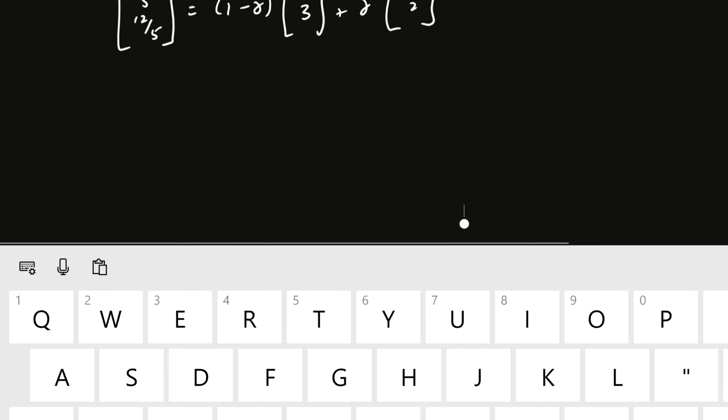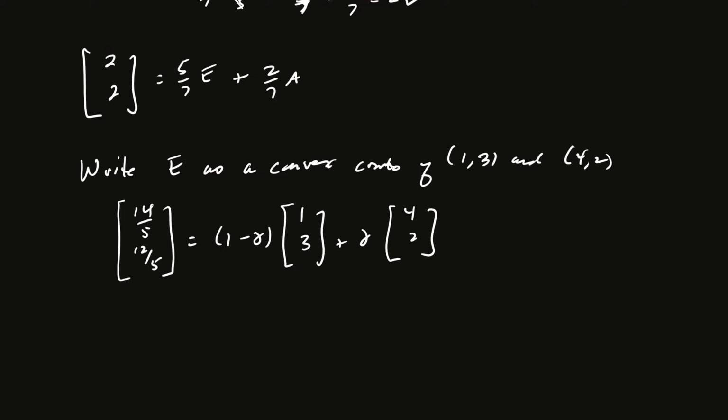Sorry about that. Just take one of the equations. 14/5 is 1 minus gamma plus 4 gamma. So that says 14/5 is equal to 1 plus 3 gamma. Good. So 9/5 is 3 gamma, and gamma equals 3/5.